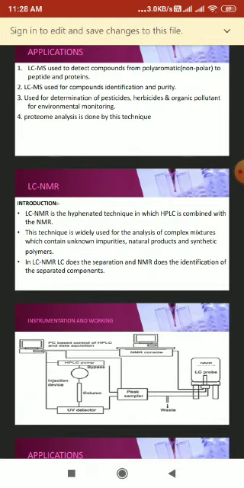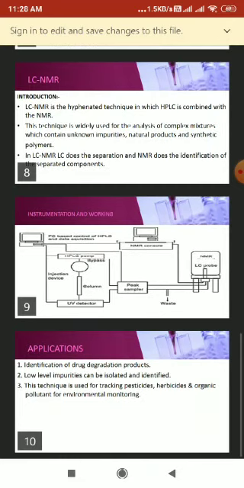This technique is widely used for analysis of complex mixtures which contain unknown impurities, natural products, and synthetic polymers. In LC-NMR, LC does the separation and NMR does the identification of separated components. Now we have seen instrumentation and working of LC-NMR.